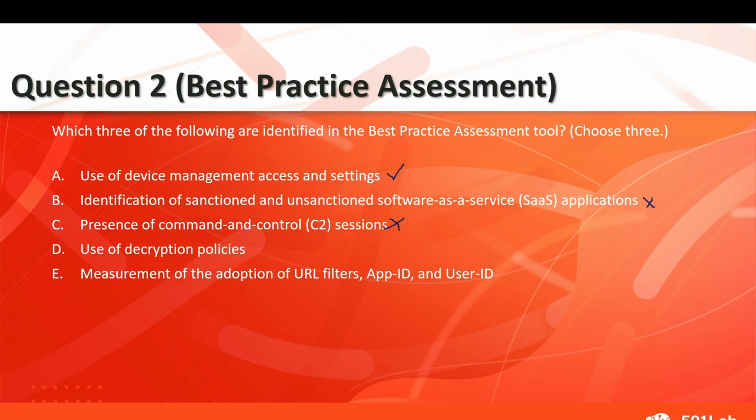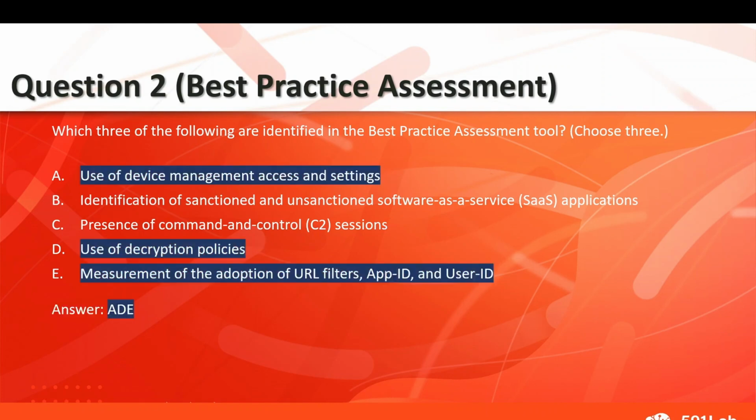Or D, use of decryption policy. Yes, we can find the decryption policy that is used on the firewalls. And then E, measurement of the adoption of URL filtering, App-ID, and User-ID. This is yes, because we can find the adoption rates of the features that we enable.